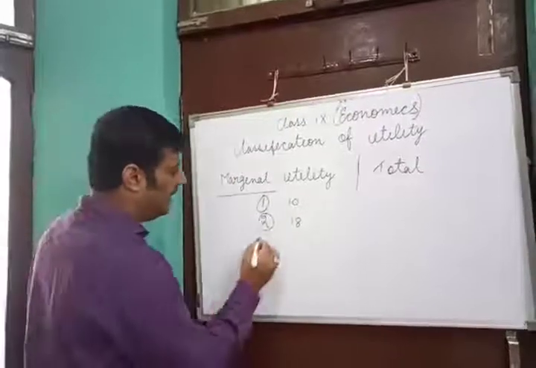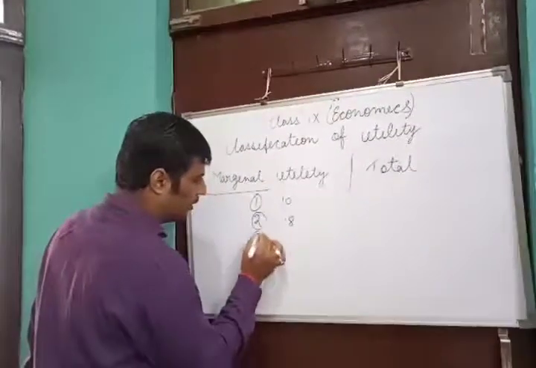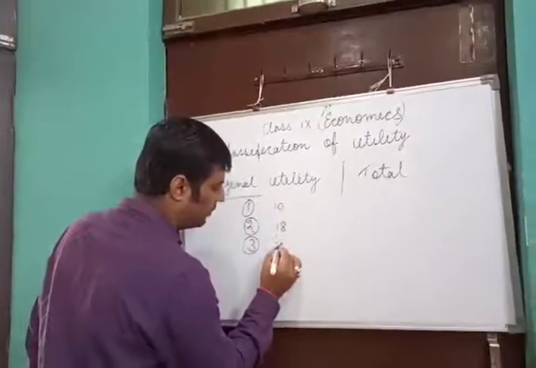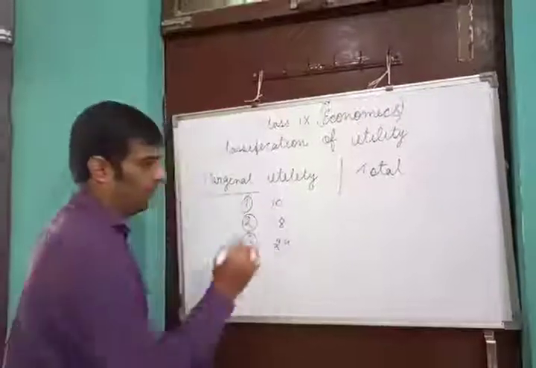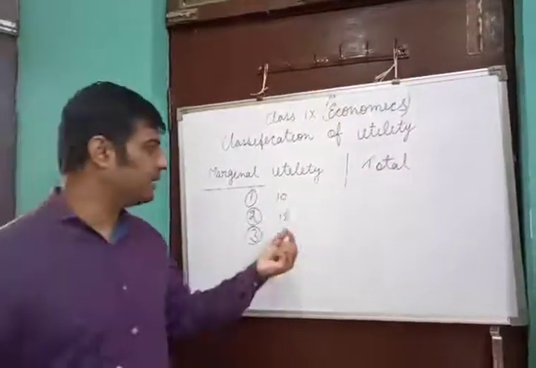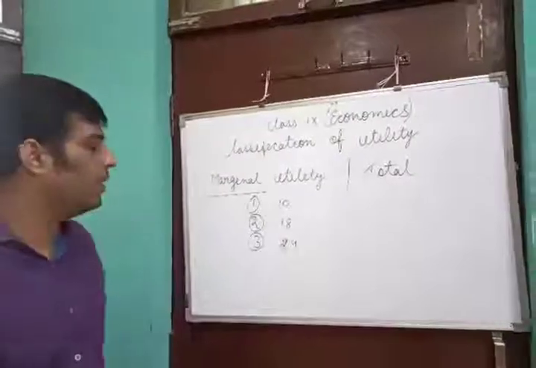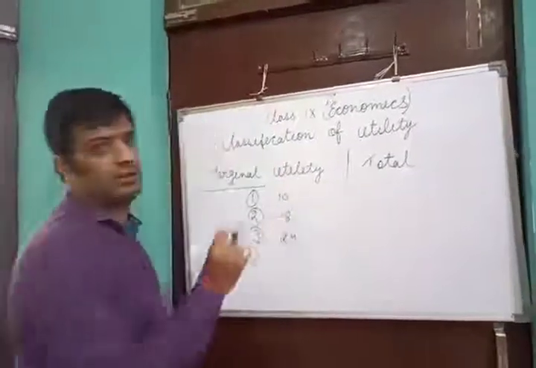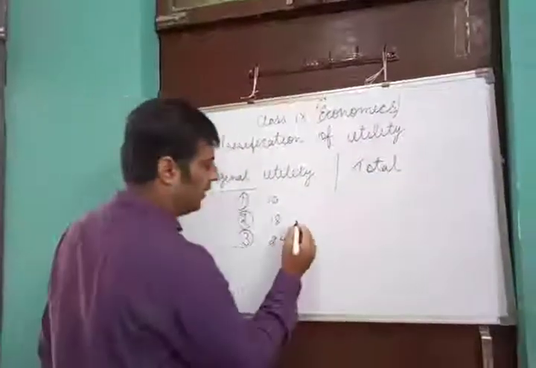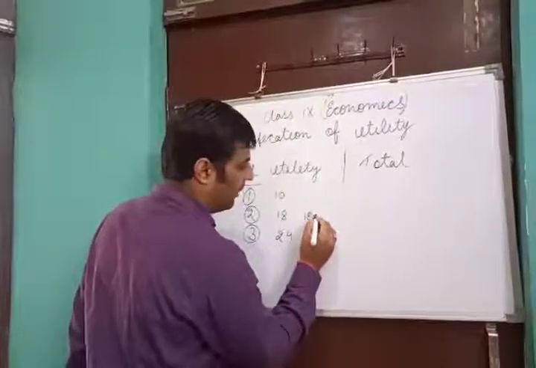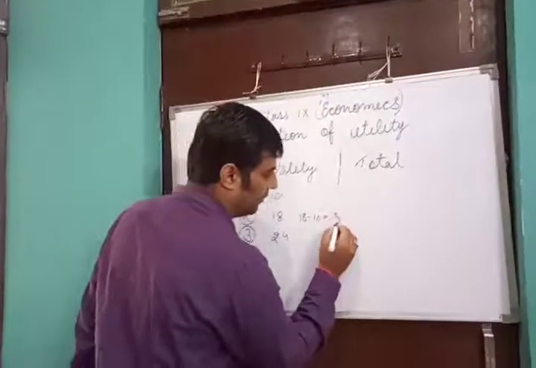When he eats the third chapati the total utility becomes 24. Then if I ask the marginal utility of the second chapati, it will be 18 minus 10 is equal to 8.